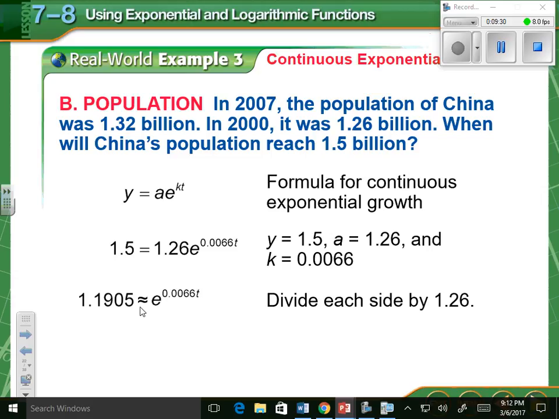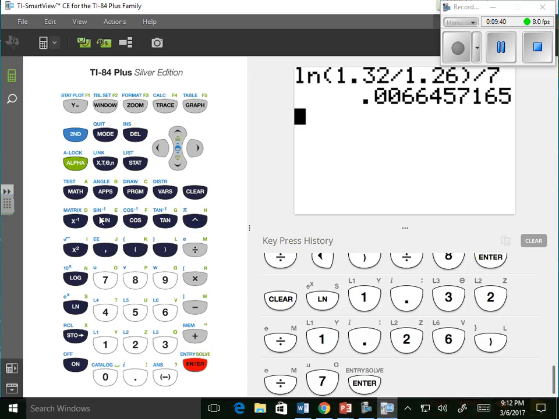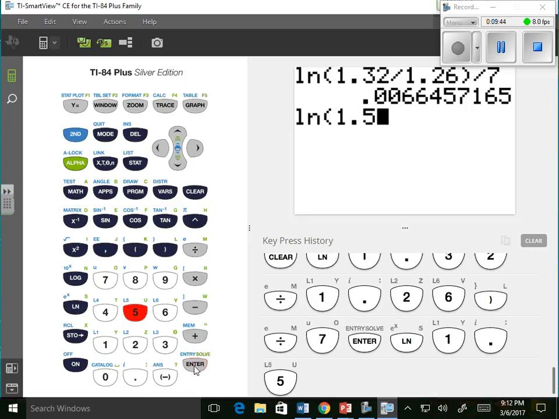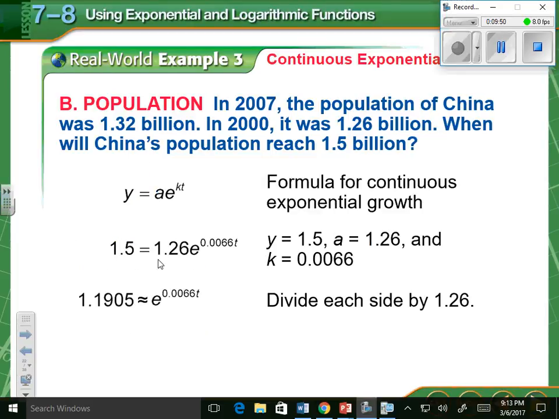Take the natural log of both sides. Hold on, I skipped a step. We need to divide both sides by 1.26. So 1.5 divided by 1.26 is approximately 1.1905.